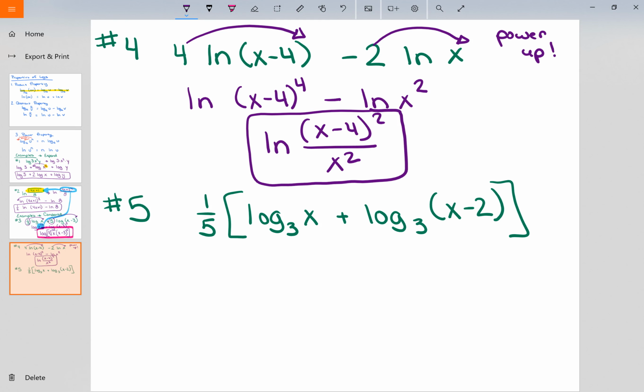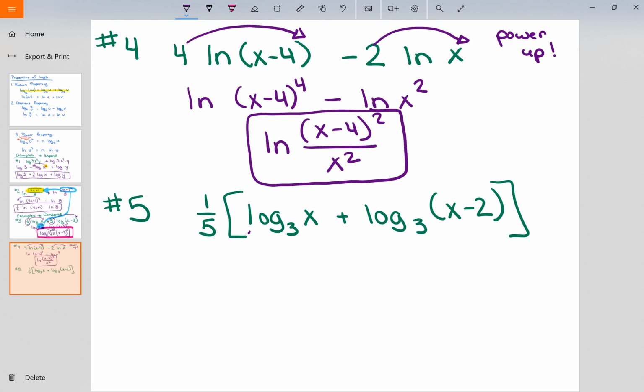So yes, I normally tell you to power up. So this is up to you. You can power up and distribute the power to every single term on the inside. So that would be distributing to this one and to this one. Or you could condense it and then power up. So either way would actually still give you the same answer, so you're good.